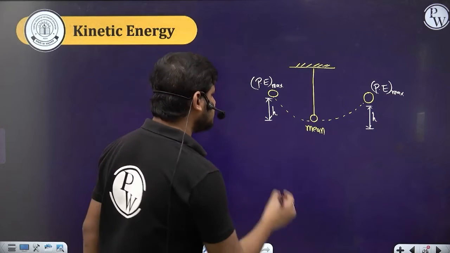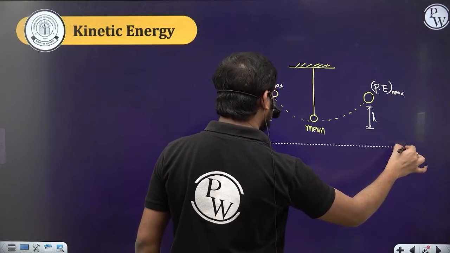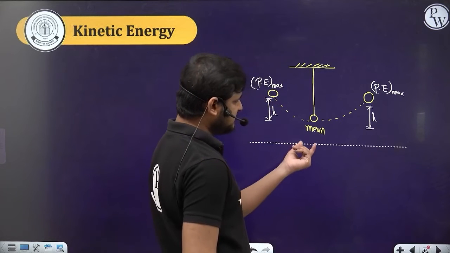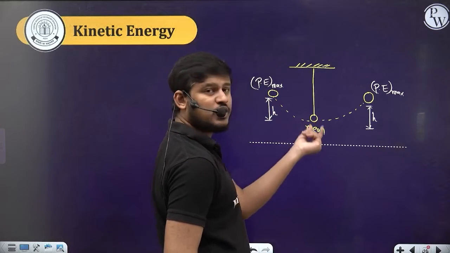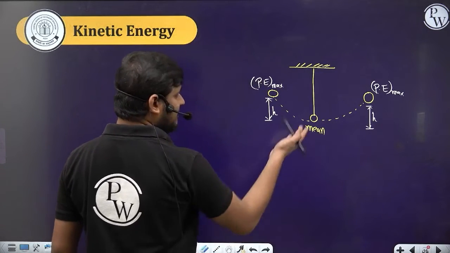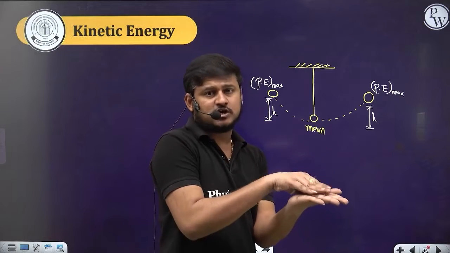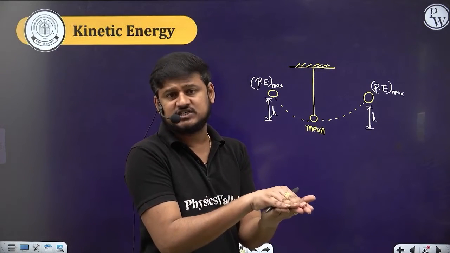Don't say that, because the mean position can be some height from the ground. Then the potential energy here will be minimum, not exactly 0. If the mean position is on the ground, then we can consider the potential energy 0.